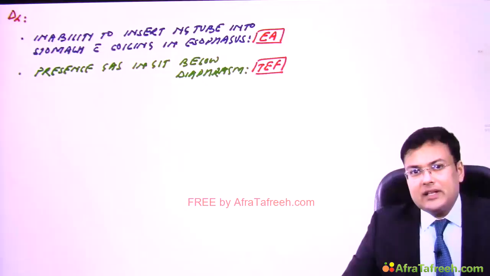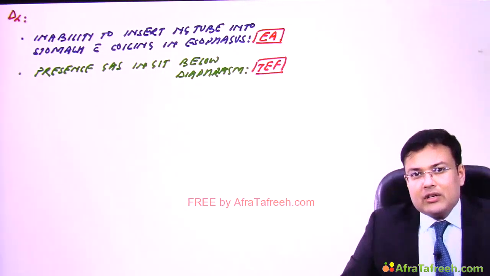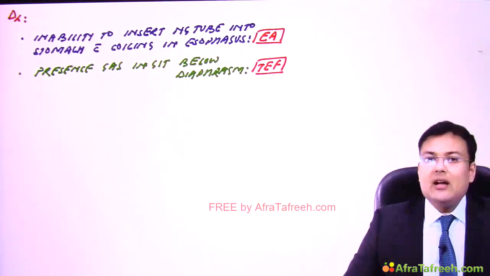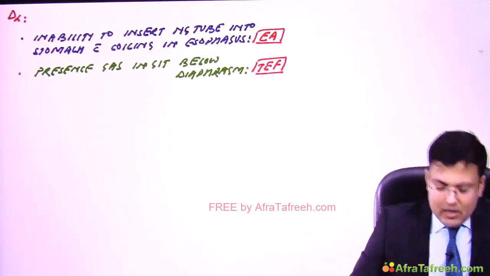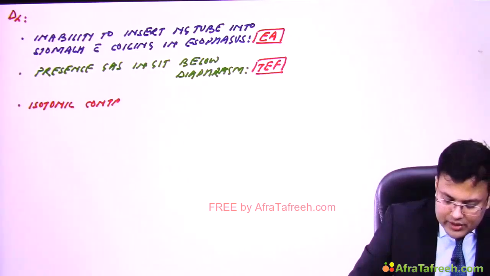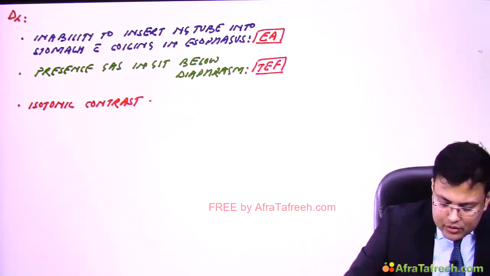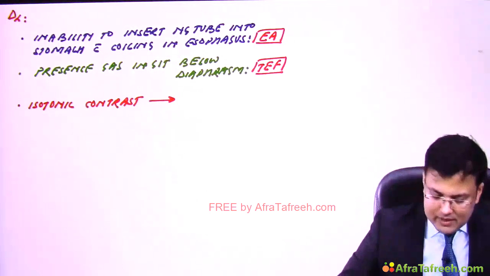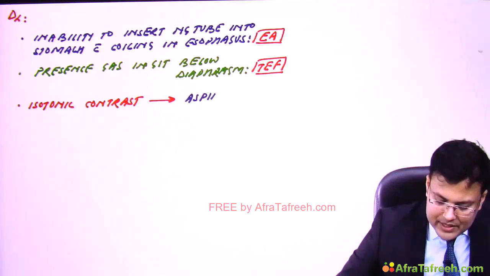Now see, previously isotonic contrast was used for the diagnosis of esophageal atresia and tracheoesophageal fistula. But what is the problem with isotonic contrast? If you are using this contrast and you don't know whether patient is having tracheoesophageal fistula or not, what will be the problem? There is aspiration.